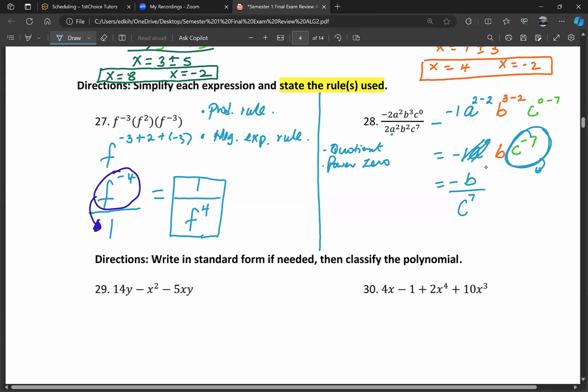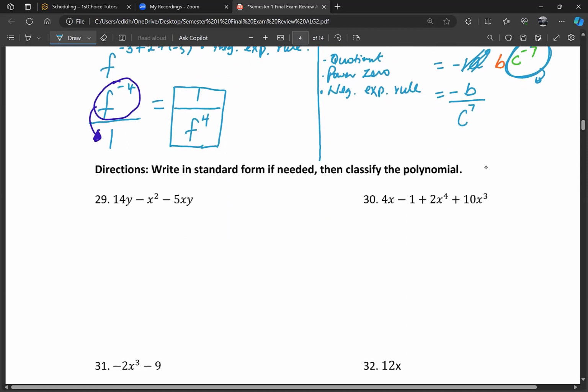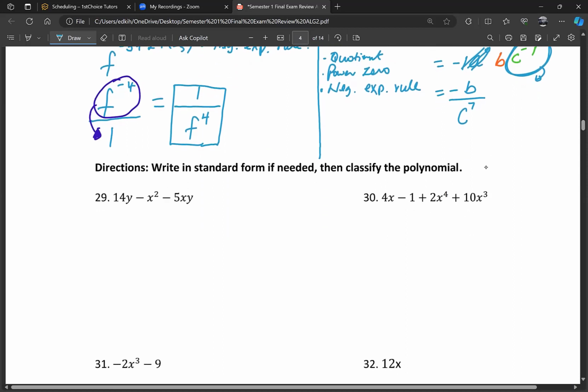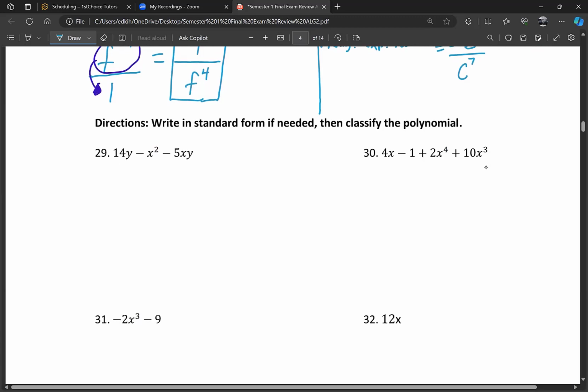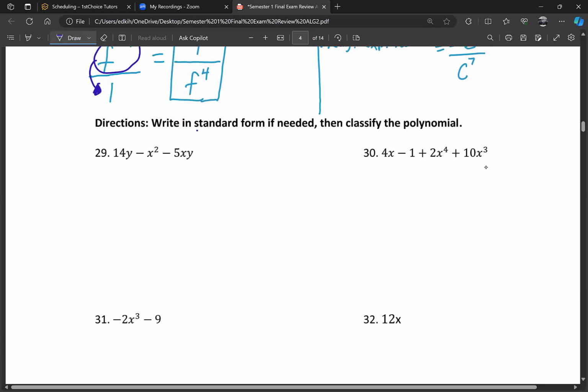So refer to that. And we use the negative exponents rule. Could we have done this quicker? Yes. But I'm going to just have you guys do it this way. If you have a quicker method, but it yields the same answer, more power to you. Keep doing that.